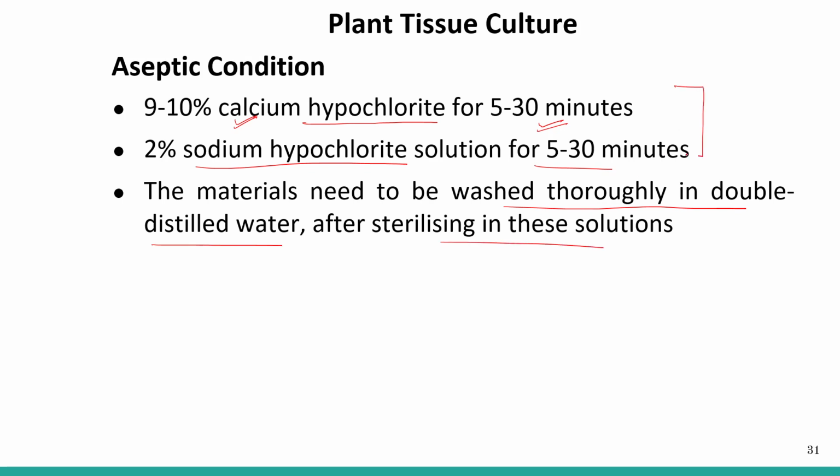When you sterilize the explant which you are going to use for tissue culture, you use either calcium hypochlorite or sodium hypochlorite. After soaking for 5 to 30 minutes, you take out the explant and wash it in distilled water 2 times so that all these chemicals are washed away. Our purpose of using this particular chemical is to kill the microbes that are attached to the explant.